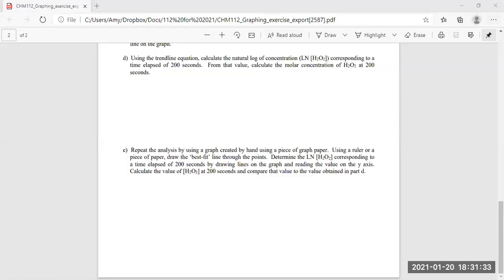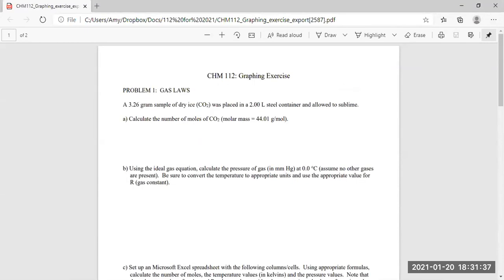Someone in chat asked, "Is there a lab report for this lab?" Yes. The page that I was displaying that looks like this, this is the lab report. If you were getting this as an actual handout, it would probably be a back and a front. My advice is print it so that you can write on it, because Dr. McHugh did not send them to me in doc form.